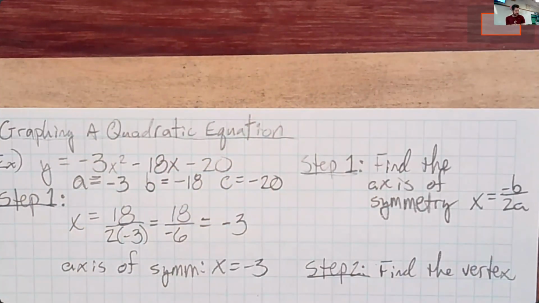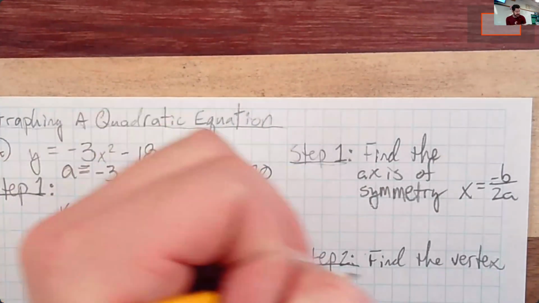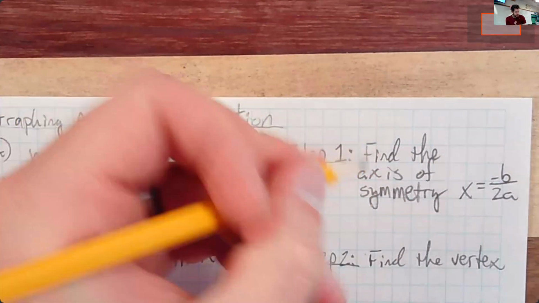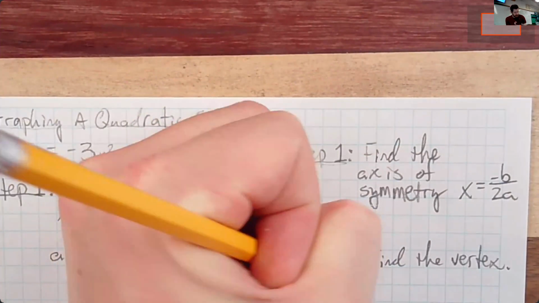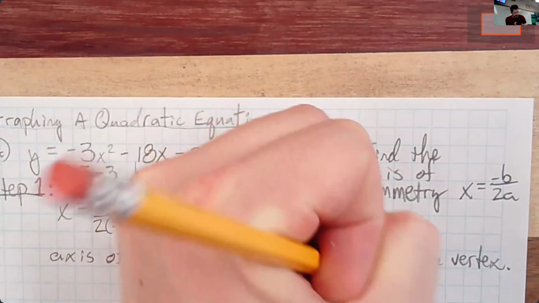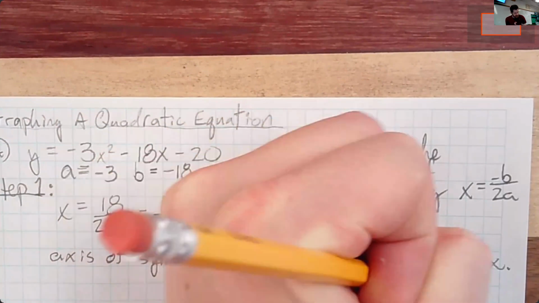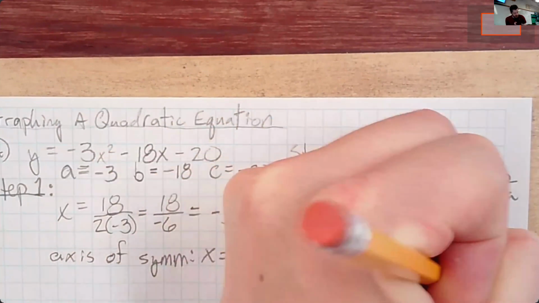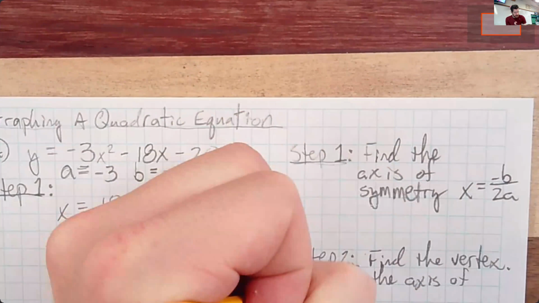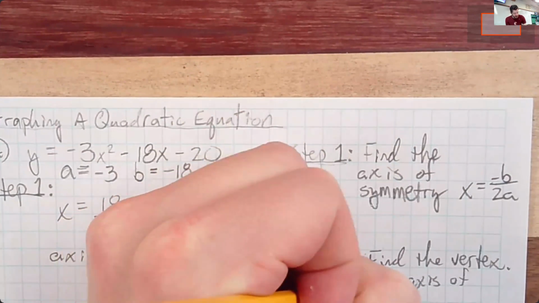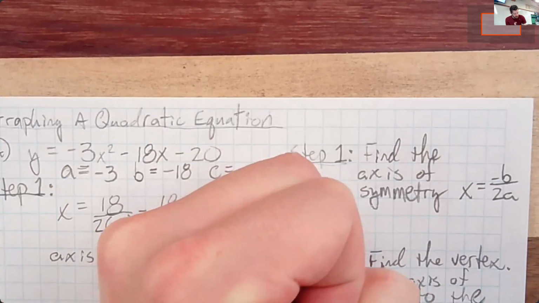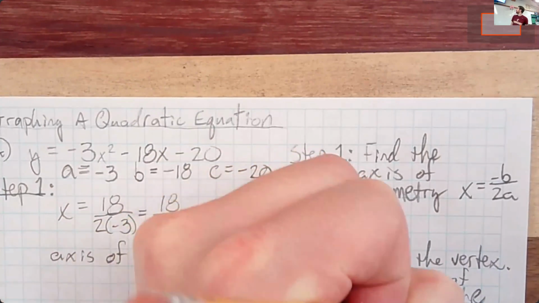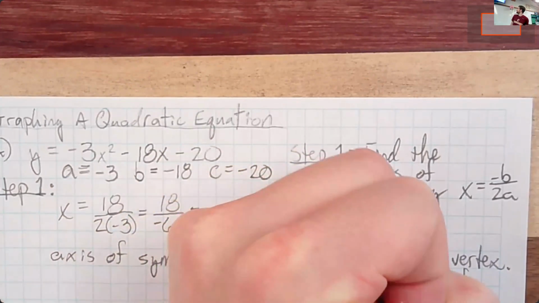And just as a reminder, find the vertex means plug in the axis of symmetry into the equation. Plug in the axis of symmetry into the equation.